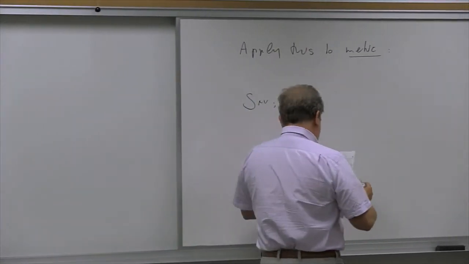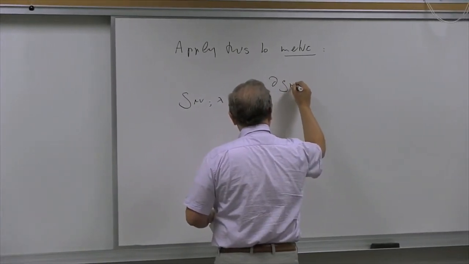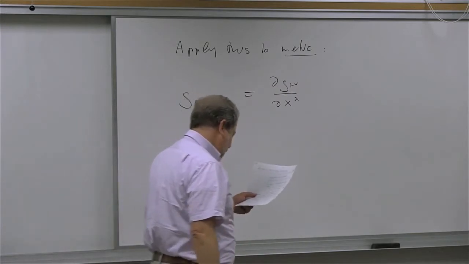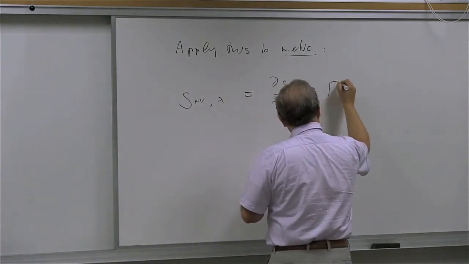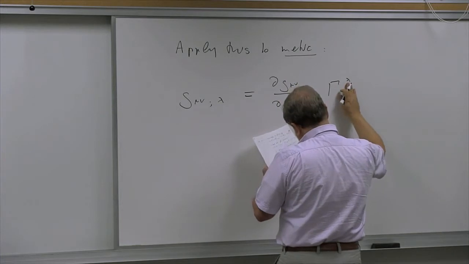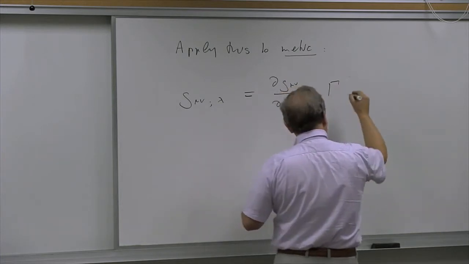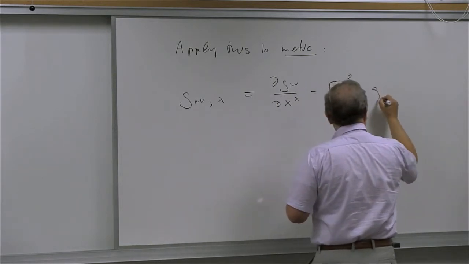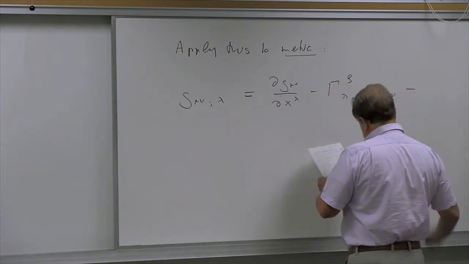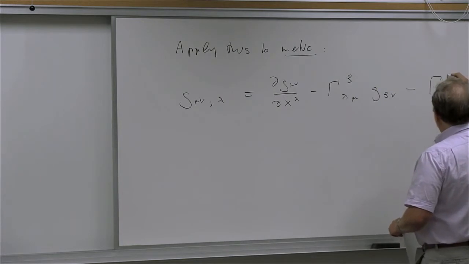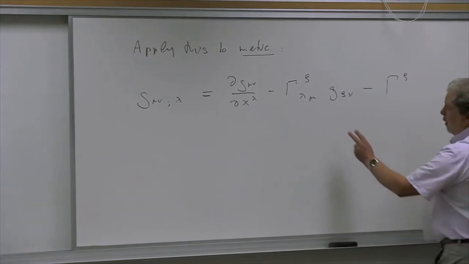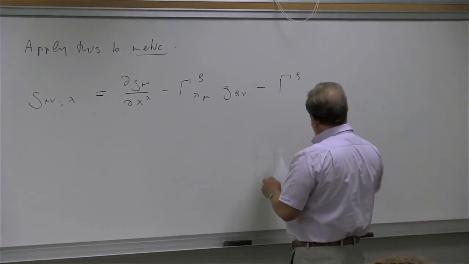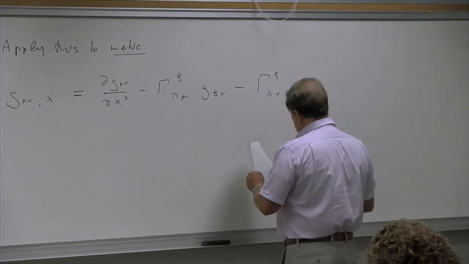This is equal to the derivative of g mu nu with respect to x lambda, minus gamma rho lambda mu times g rho nu, and then a second gamma term, where we basically interchange mu and nu, so minus gamma rho lambda nu times g rho mu.